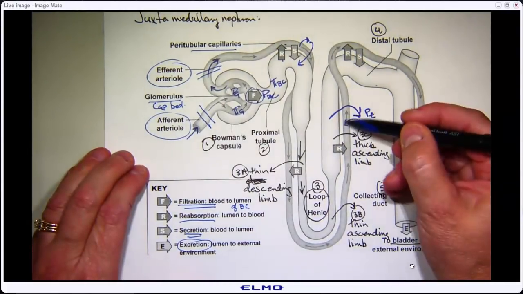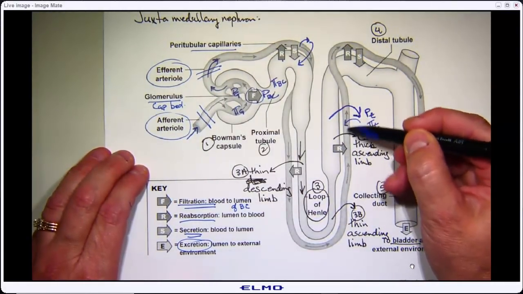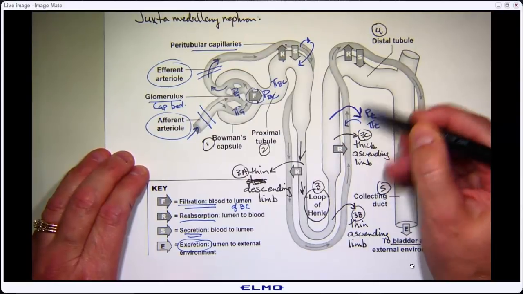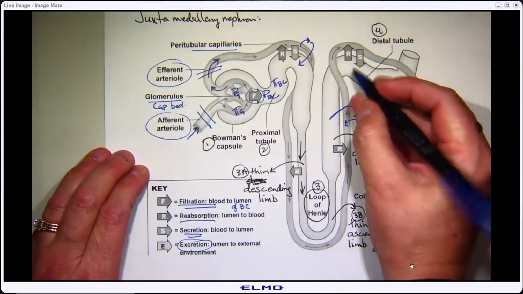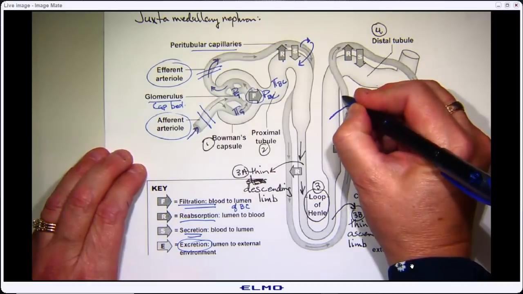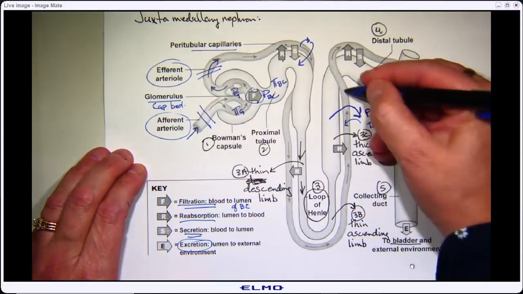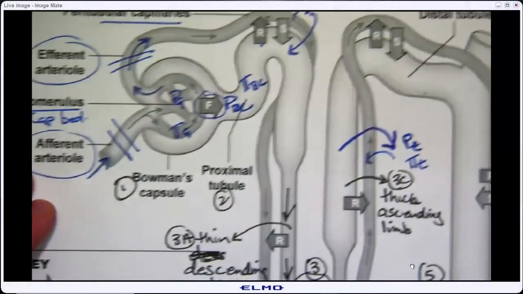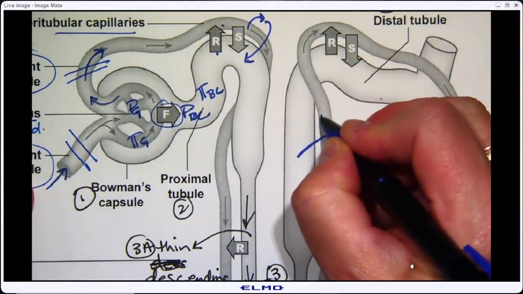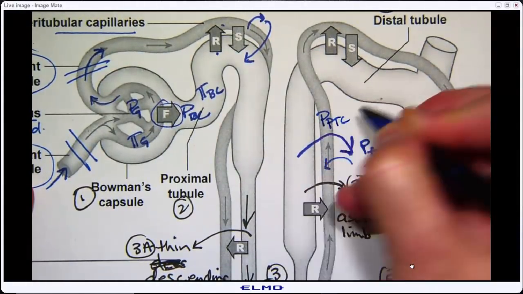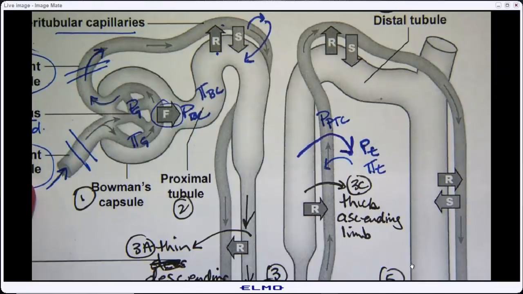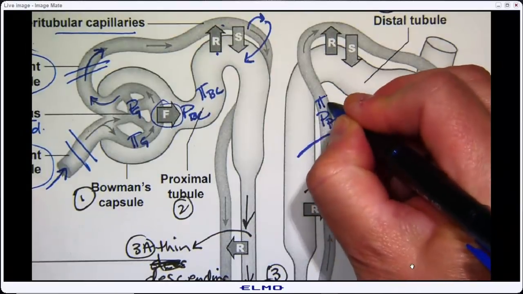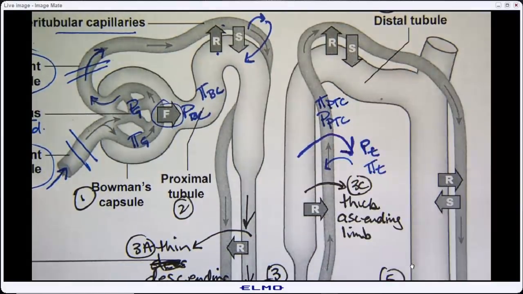And the blood that we are flowing by this space will also have, this is the peritubular capillary, right? So we are going to have a pressure in the peritubular capillary, because it's a blood compartment.